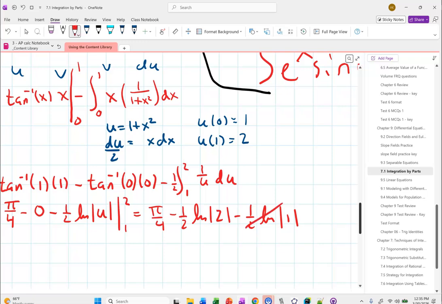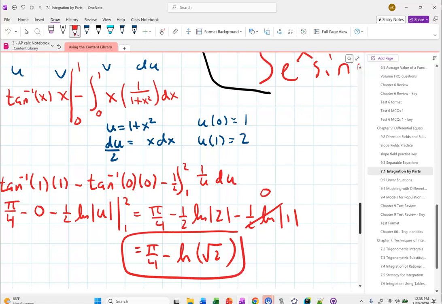And then the natural log of 1 is 0. And I don't need the absolute values because the number is positive anyway. So we're done. This is the exact value. Pretty nifty.